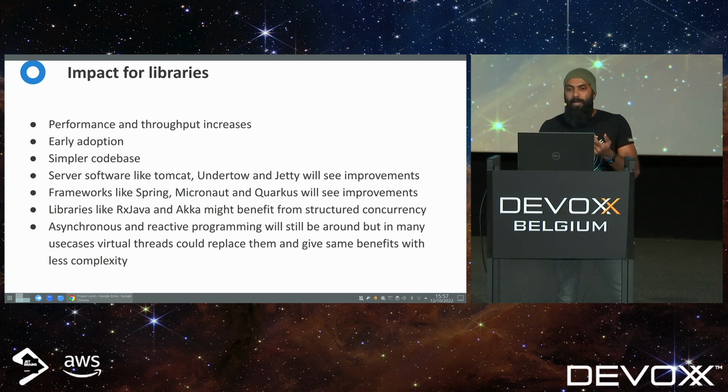So I would expect huge projects like Spring, Undertow, Netty, Tomcat, and Micronaut to adopt virtual threads. I would also expect other multi-threading libraries like Akka to adopt and support these. I expect that kind of support from libraries.